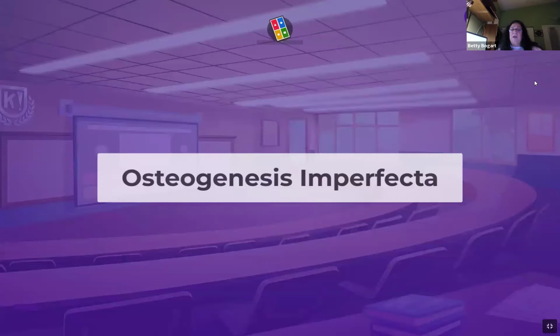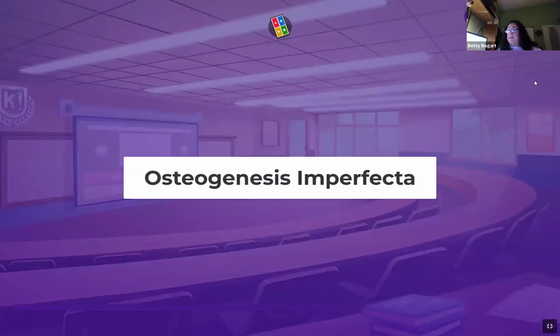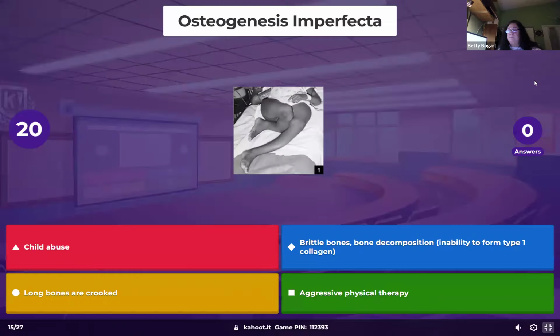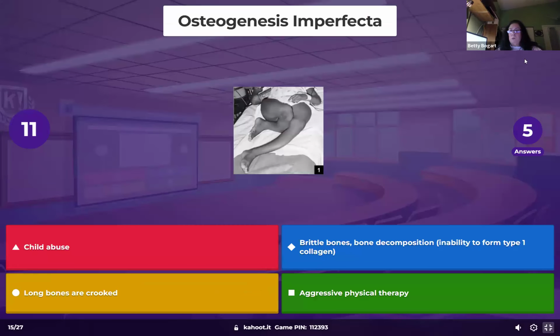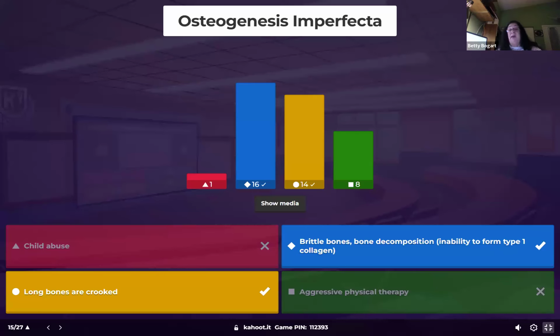A multi, osteogenesis imperfecta. I've actually seen documentaries on parents being accused of being abusive, and the child had osteogenesis imperfecta.